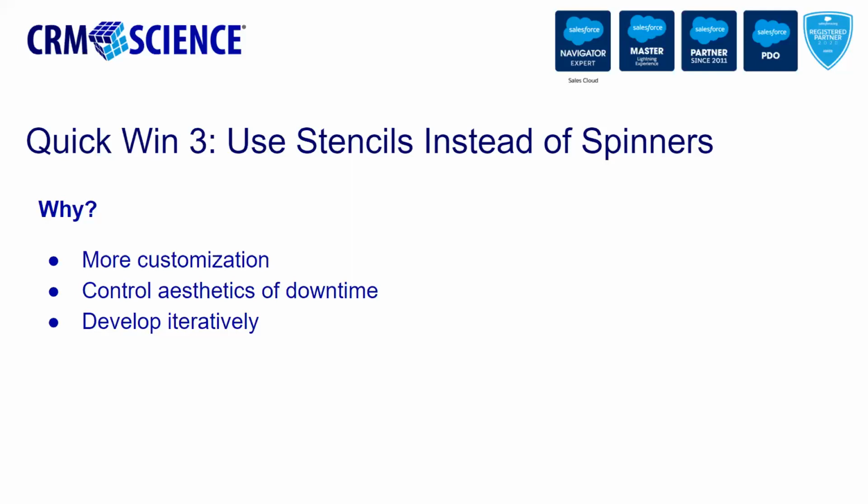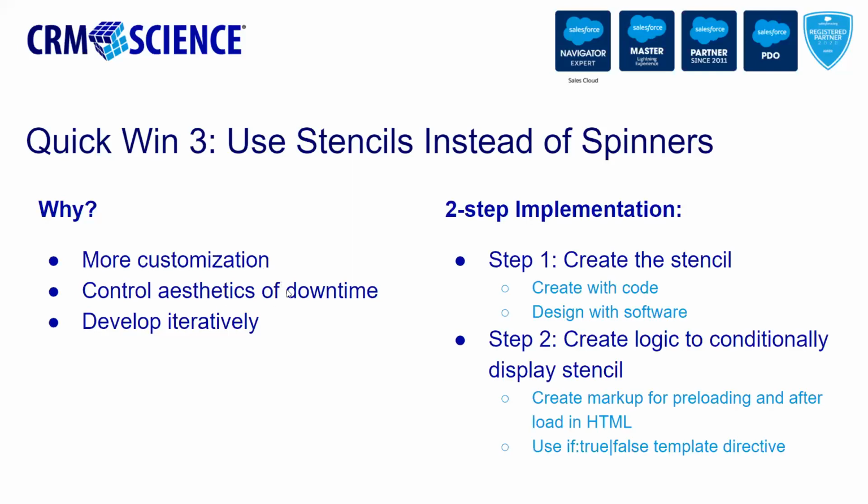Implementing stencils is a simple 2-step process. The first step is to actually create the stencil. This can be done either with code or, if you're savvy with software like Adobe Illustrator, they can be drawn and then exported as SVGs or even images, but you really want to stick to an SVG so that it loads quicker.